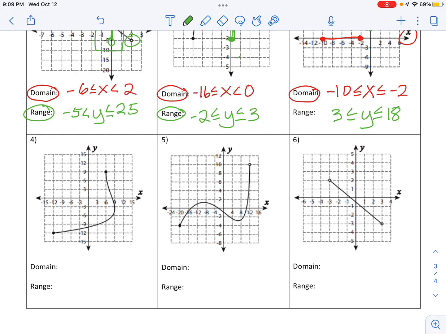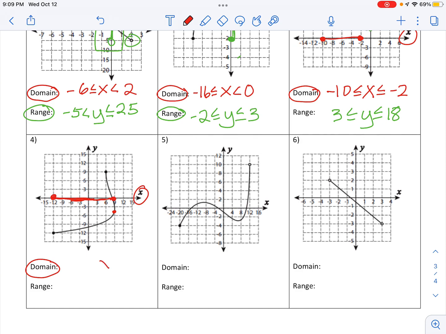Let's do a couple more together. Starting with our domain on our x-axis. The smallest x value is -12, and it continues all the way to the farthest point it ever hits, right here at 9. Again, there's not a dot there, but because the line is solid along that point, we're going to assume it's a closed circle.